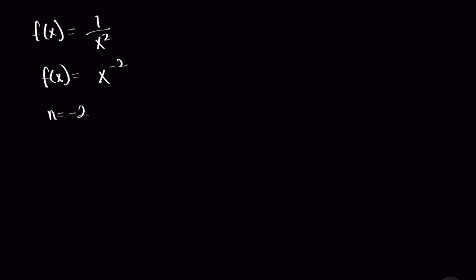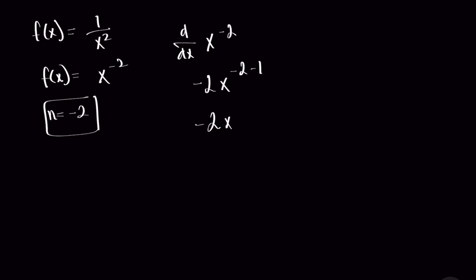And so now what we need to do is take the derivative of x to the negative 2, with n being negative 2. We would multiply it by x, and then we're going to be subtracting 1 from the negative 2. We have negative 2 minus 1. So that is negative 2 times x, and negative 2 minus 1 is just negative 3.